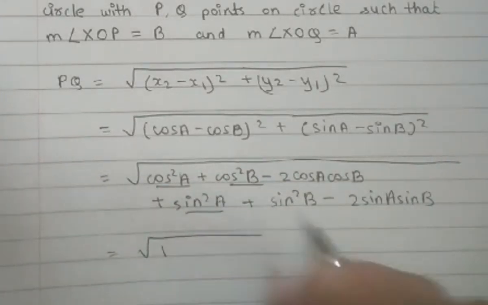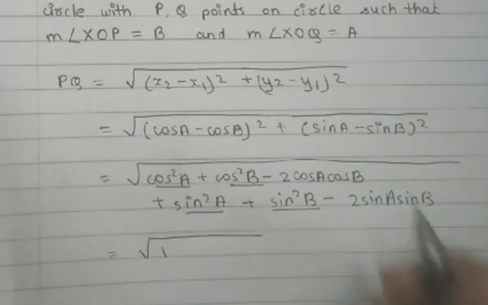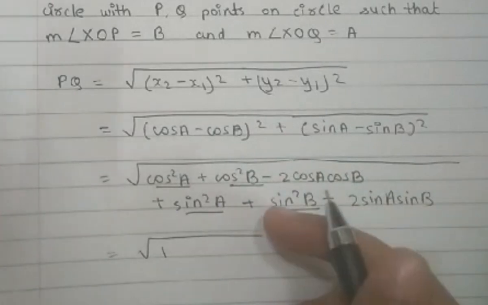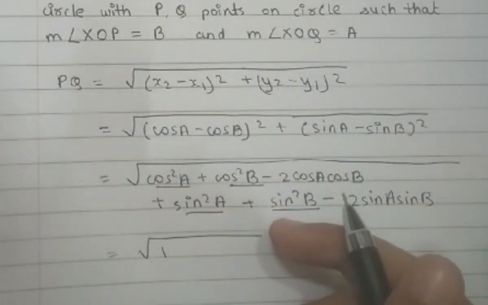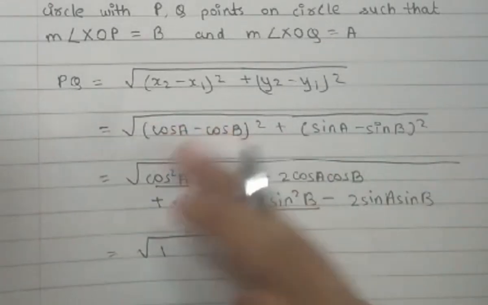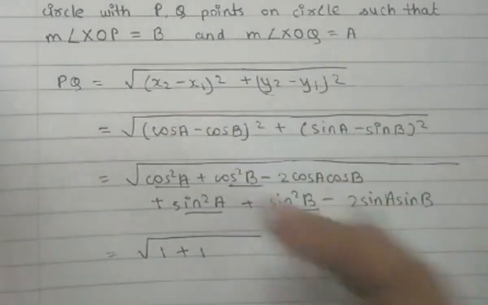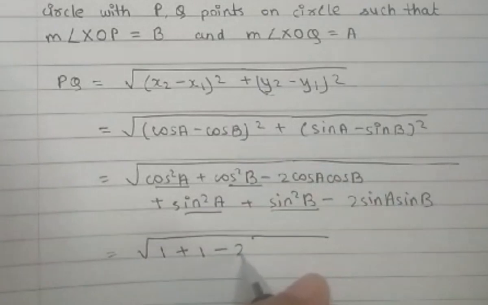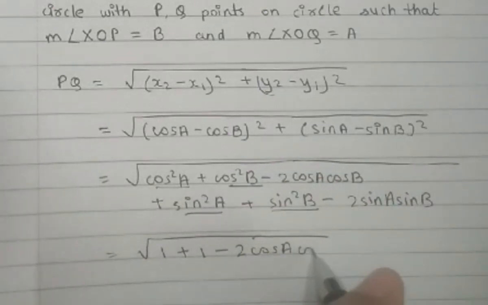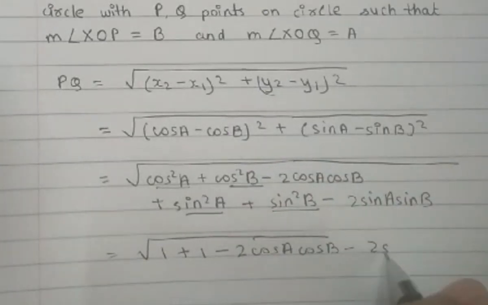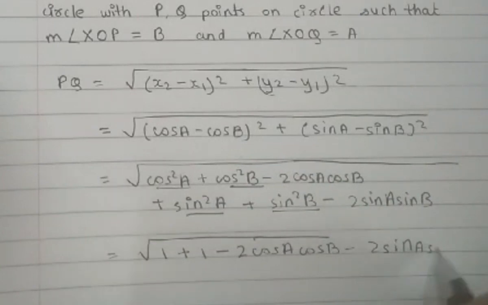Plus, now there is cos square B and sin square B. What is that? It is 1 because there is the identity: cos square theta plus sin square theta is 1. So cos square A plus sin square A is 1, cos square B plus sin square B is 1. So 1 plus 1, and what remains here is minus 2 cos A cos B and minus 2 sin A sin B.